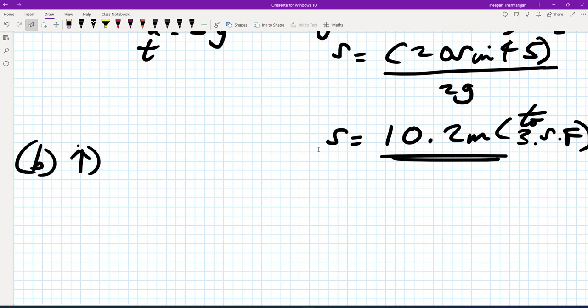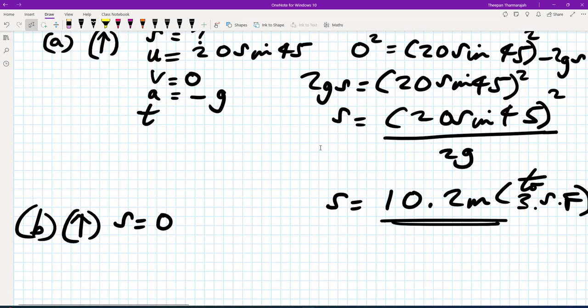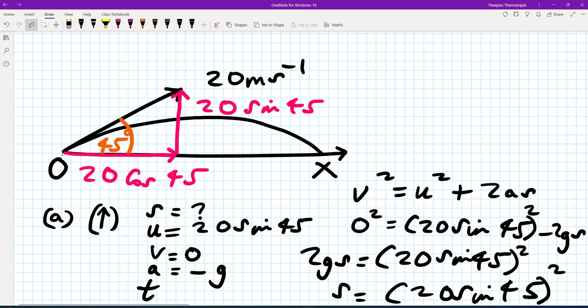So taking upwards as positive, S is going to be 0 because it starts at the origin and finishes at the origin. As in the origin, just to be clear, it starts here, as in that's the origin, and that's also 0 in terms of displacement, because displacement is a vector.